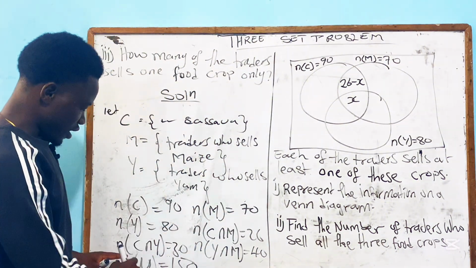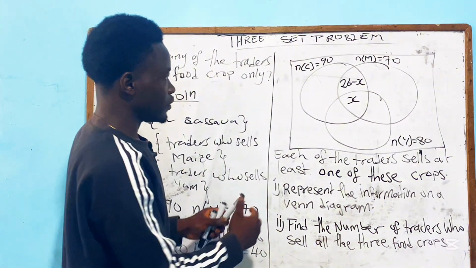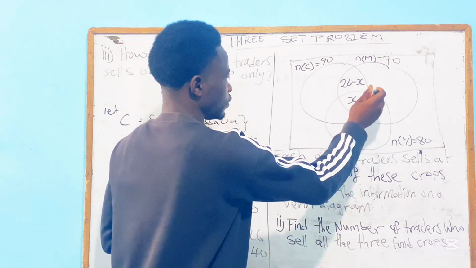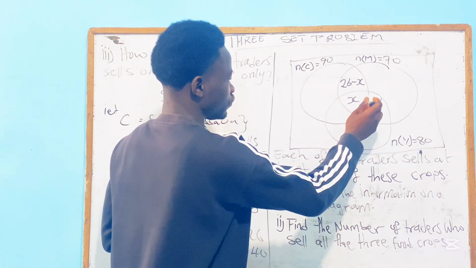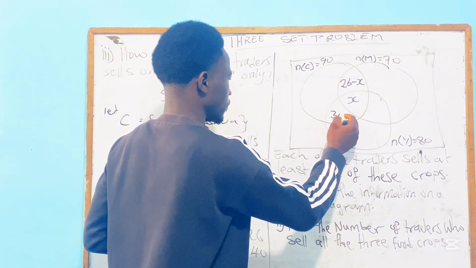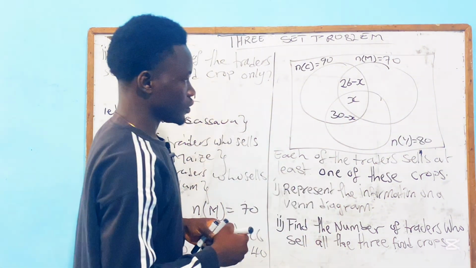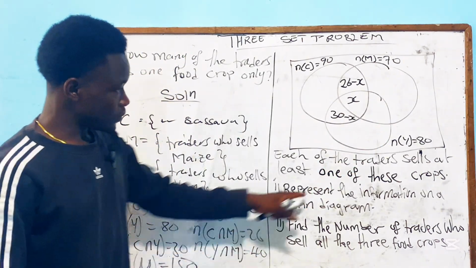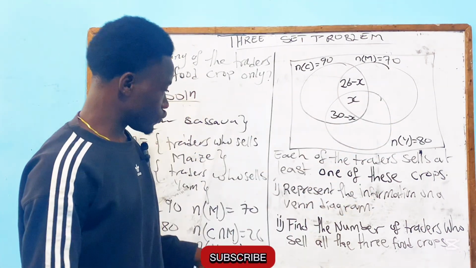Then the next one is cassava and yam, which is 30, the whole of this region. But I want to remove this side, so I now have 30 minus x. Likewise, the last one says yam and maize, which is also 40.